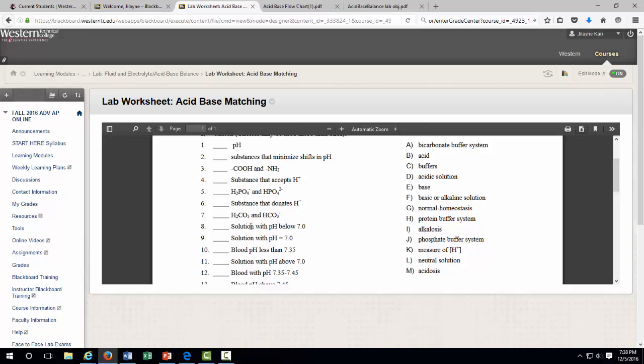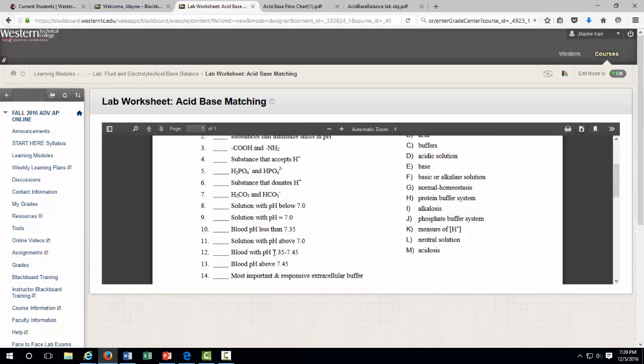Solution with a pH of 7. L, neutral solution. Blood pH less than 7.35. What do we call that when it's blood pH? Acidosis. Number 11, blood with 7.35 to 7.45. G, normal homeostasis.